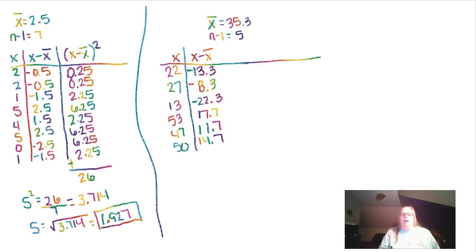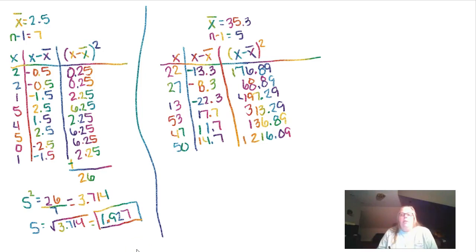All right, so I've filled in column 2 and subtracted each of my data points minus the mean. Now in column 3, we are going to take everything that's over here in column 2 and raise it to the second power. All right, and now that we have squared all of our differences, we're going to add this column together and then divide it by n minus 1, or 5, and that's going to give us our sample variance.